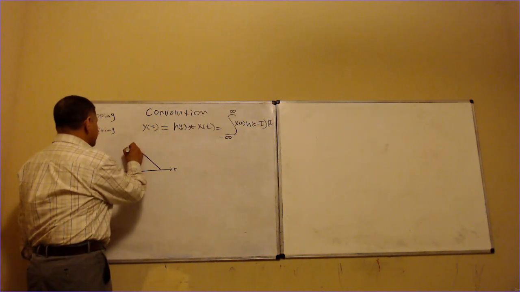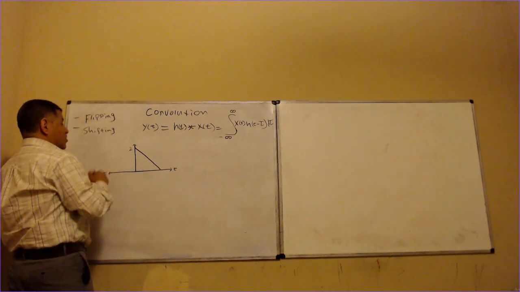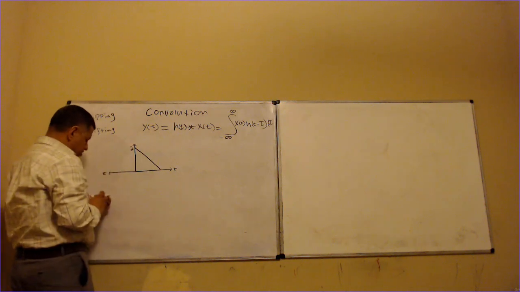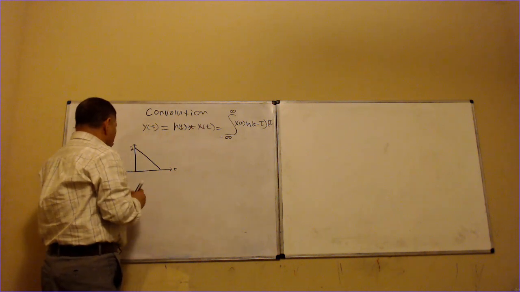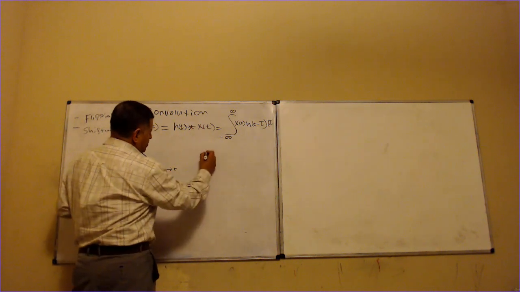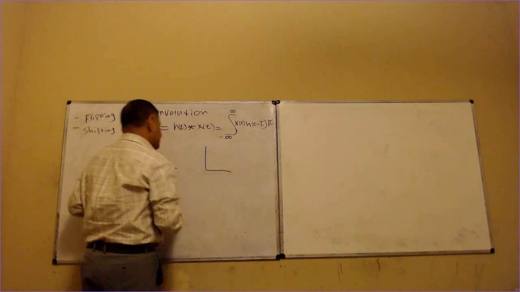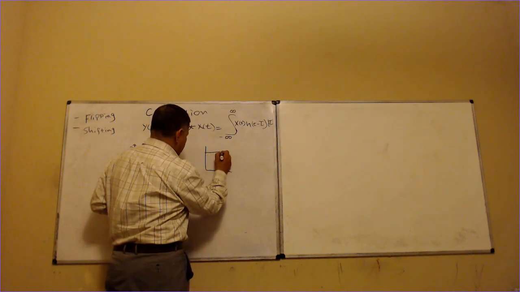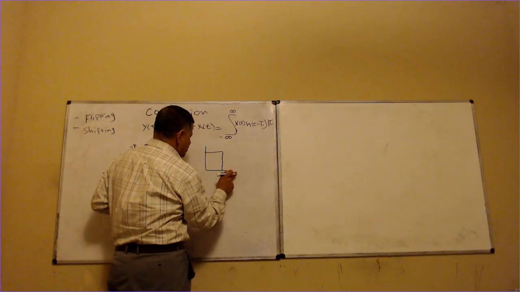But the height over here is 2, right? That's important to know. The height is 2. Okay, so that's one of them. And also this number here is important to know. And then we have the other signal that looks like this. It goes like this and drops like that, and that is also 2 right there.